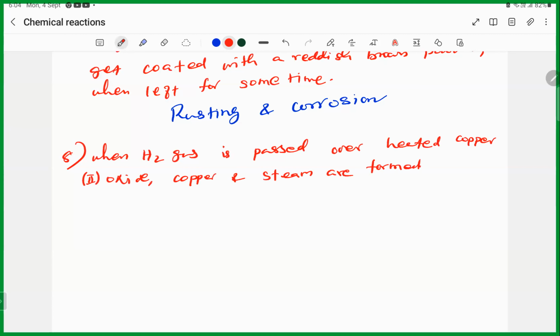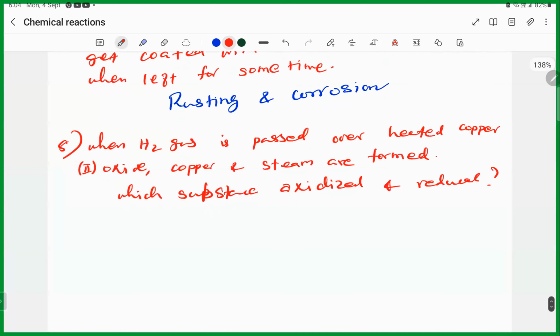Write the balanced chemical equation for this reaction. And we have to write which substance is oxidized and which is reduced. So you have to answer for this.